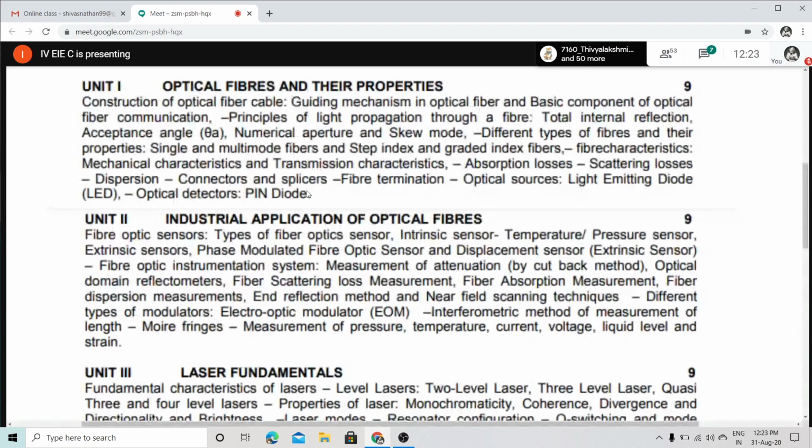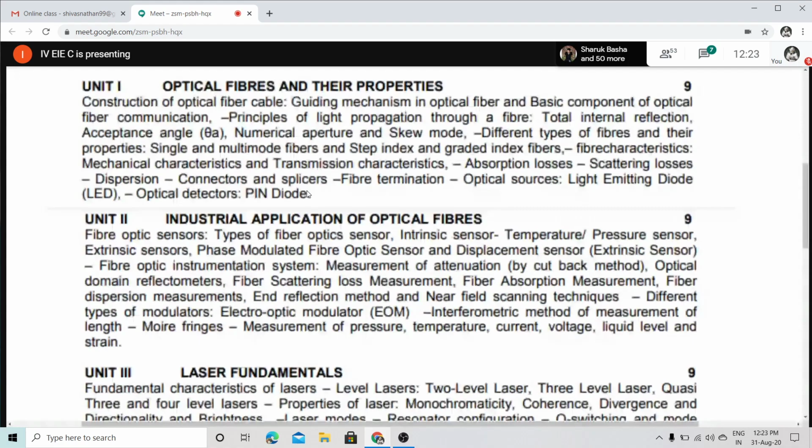Then different types of modulators. Make it clear. The next topic what we are going to study is about the modulators. Different types of modulators. So under different types of modulators, you will have electro-optic modulator. Electro-optic modulator accompanied by interferometric method of measurement of length.